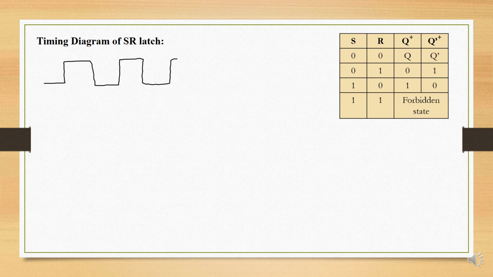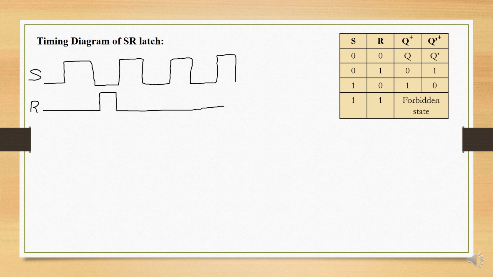So let me consider one of the timing sequences here. I'll consider this input to be S and the R input is as shown here.